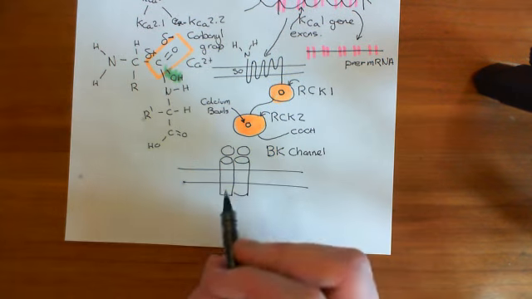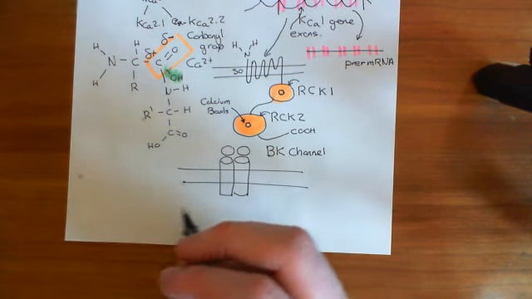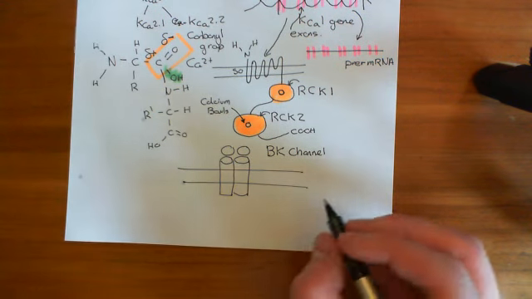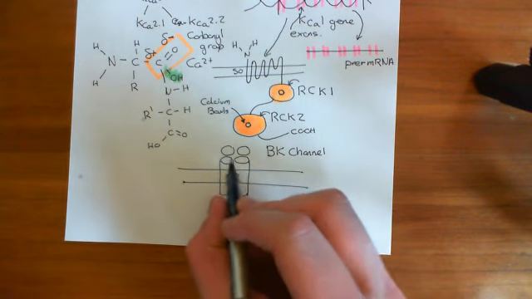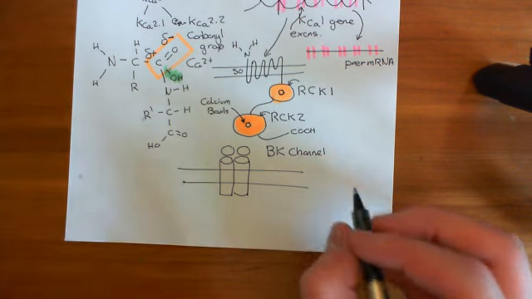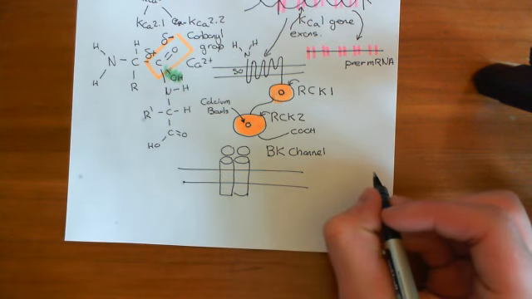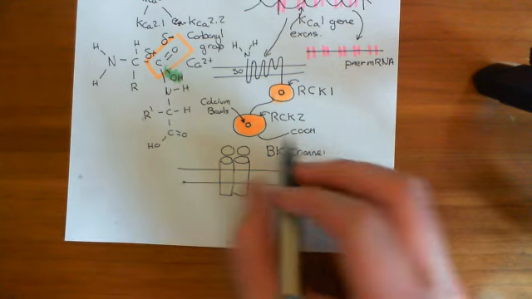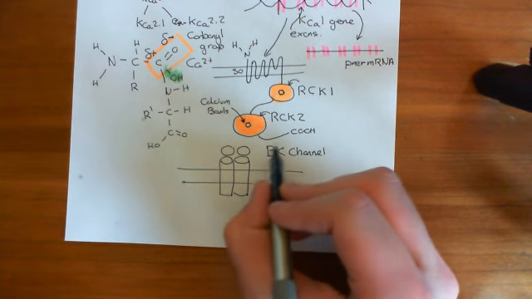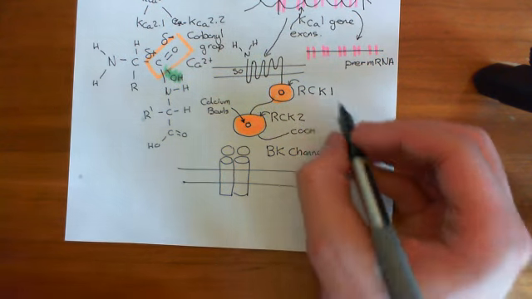Okay, but there are auxiliary subunits as well. There are beta subunits that can join in on the fun. There are more genes coding for beta subunits that can join this BK channel. There are actually 3 different genes for beta subunits.